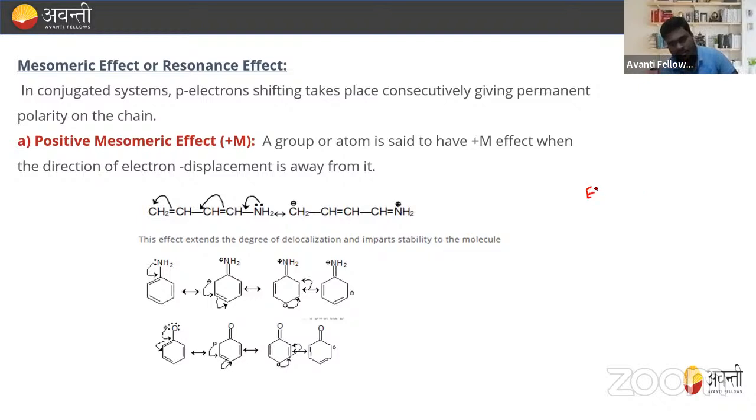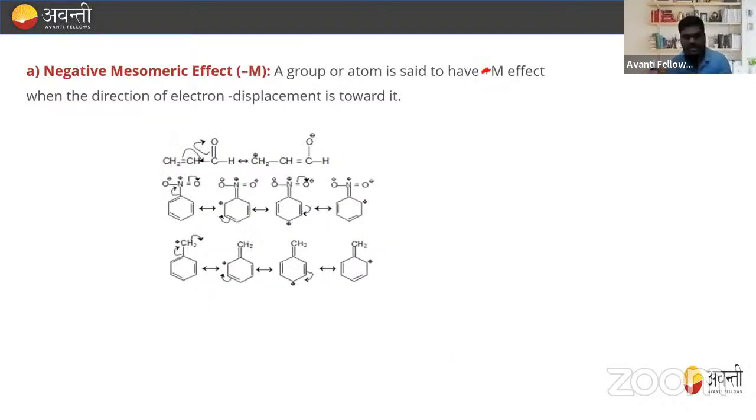So always remember this: electron donating groups give rise to the positive mesomeric effect. On the other hand, electron withdrawing groups give rise to the negative mesomeric effect, or we say minus M effect. Right? I hope this is clear to you.